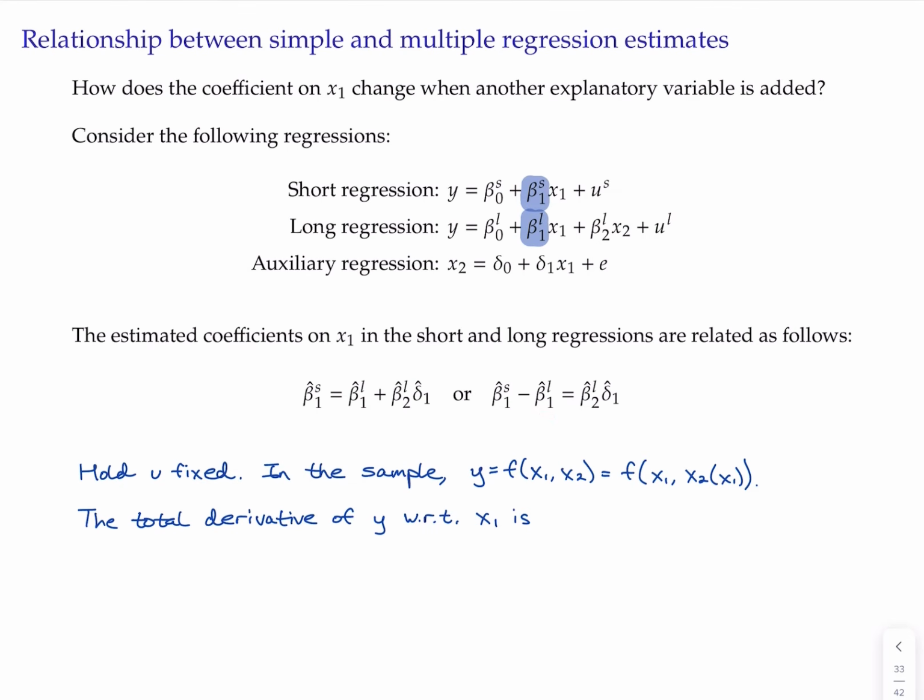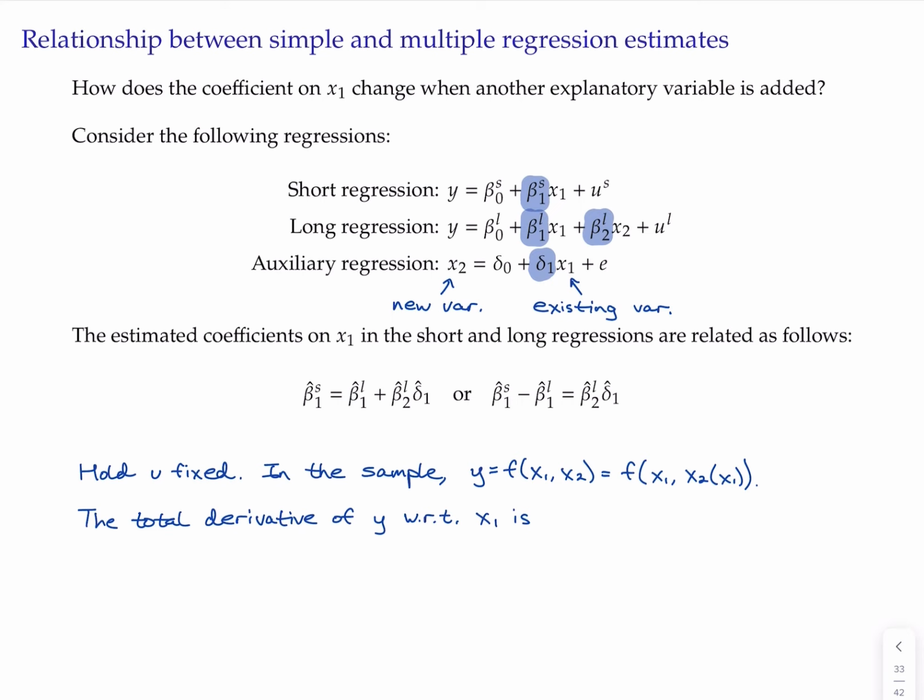And the difference in those beta hats depends on our estimate of that beta 2 hat and this slope from the auxiliary regression. Remember, in this auxiliary regression, think of x2 as the new variable you're adding in the long regression, and think of x1 as the existing variable that was already there in the short regression.